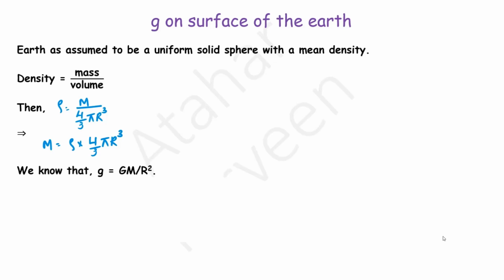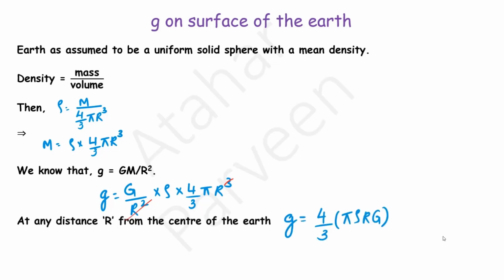But we also know that acceleration due to gravity is equal to G into M upon R square. So I can put the value of M here. I get G upon R square into rho into 4 by 3 pi r cube. I can cancel R square with R cube, and one R will remain. So my value of g will be 4 by 3 pi rho G R. So this is how acceleration due to gravity g is related to the density. This is the relation. Okay, you should know it.